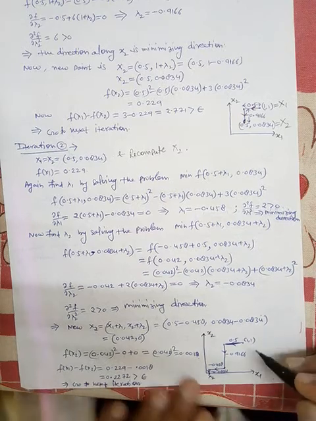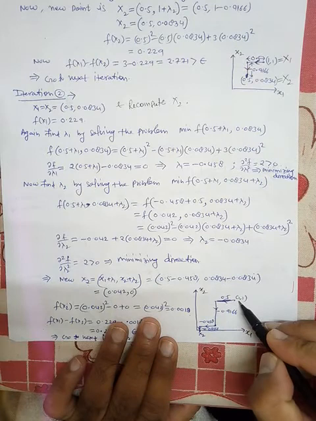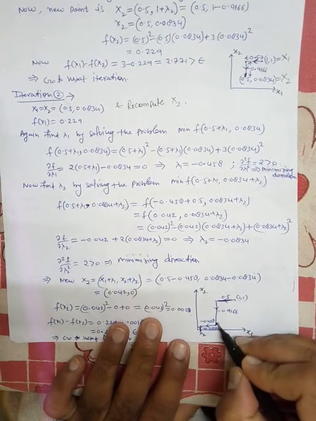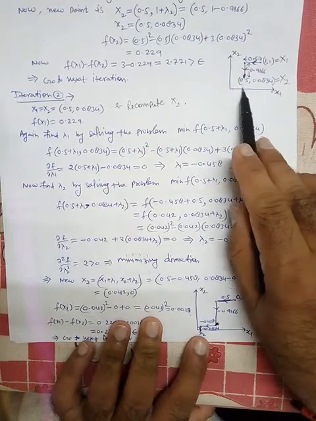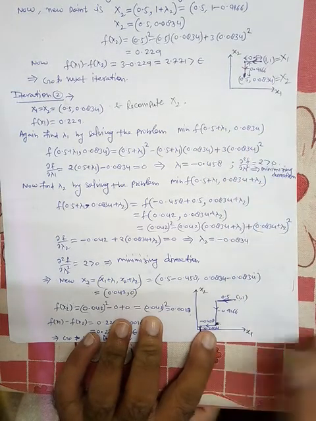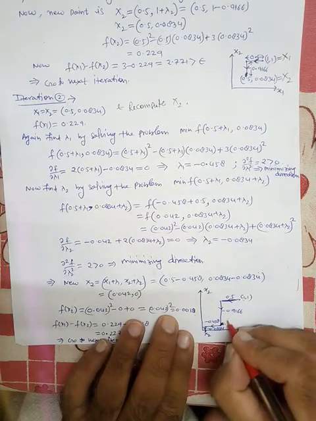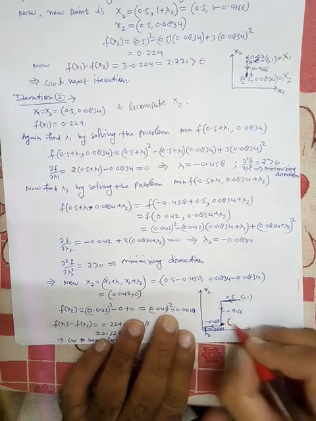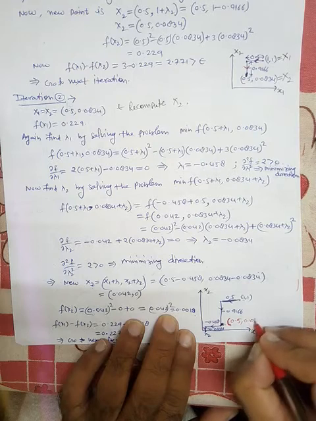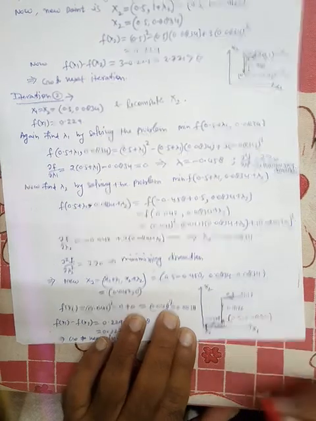Now you will see the direction. We have started with this point 1 1, then we will reach this point after one iteration, and this point is 0.5 and 0.0834.